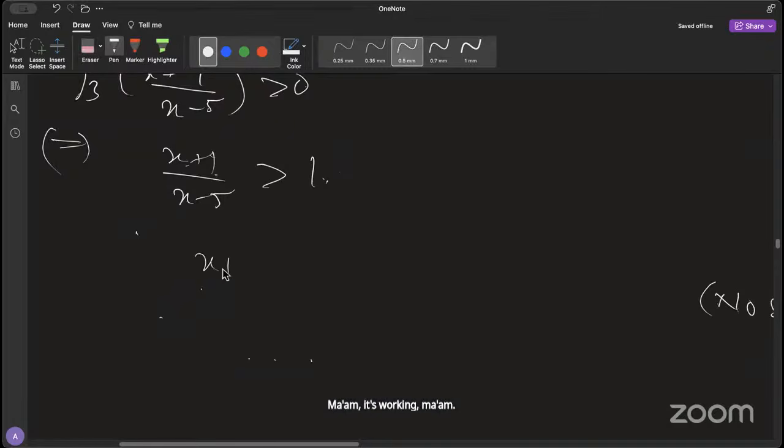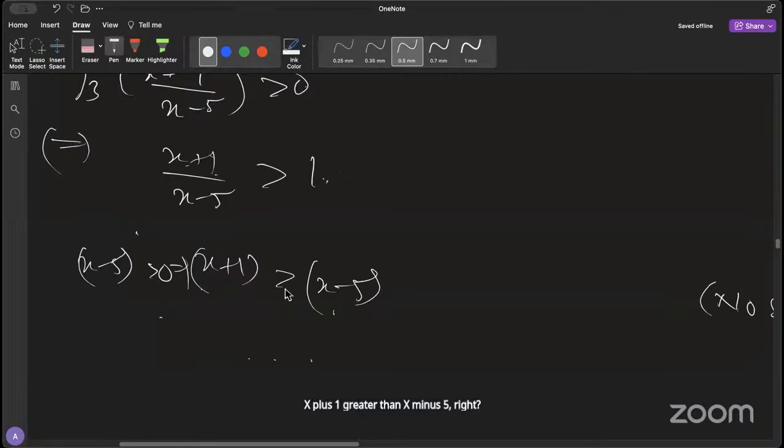If I take x minus 5 to be greater than 0, I'll have x plus 1 greater than x minus 5, and then x gets cancelled from both sides. Ma'am, 1 is greater than minus 5, so it's correct. So x greater than 5 would be the condition.